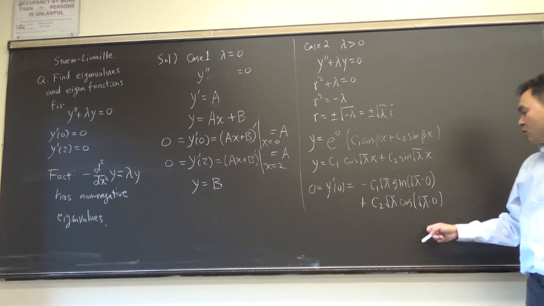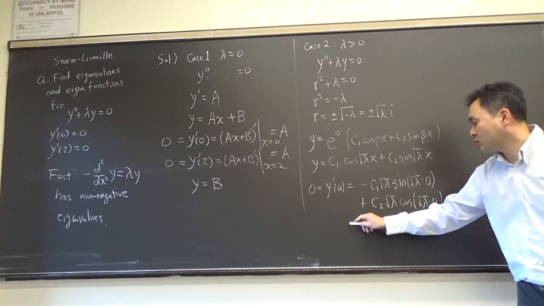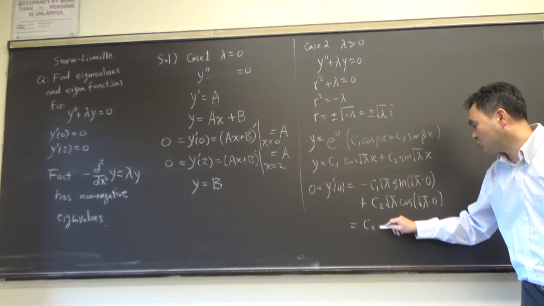Sine 0 is 0, cosine 0 is 1, so you end up with c2 times square root of lambda.